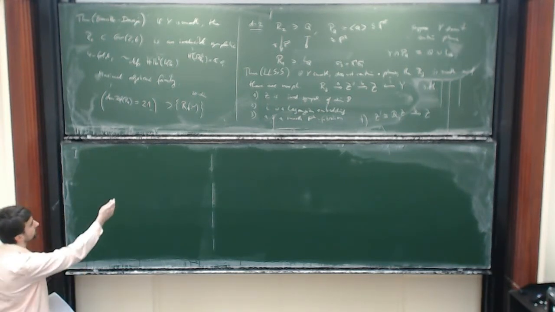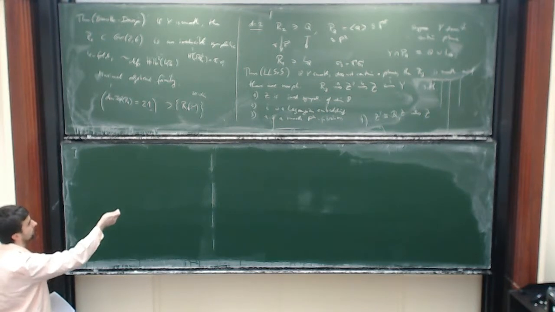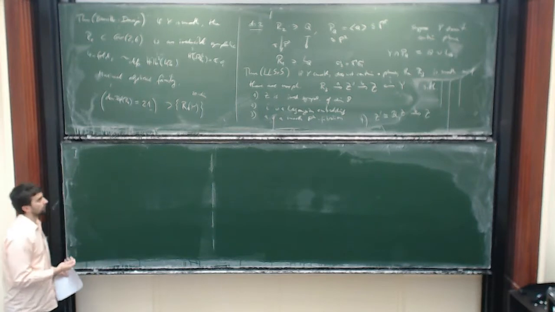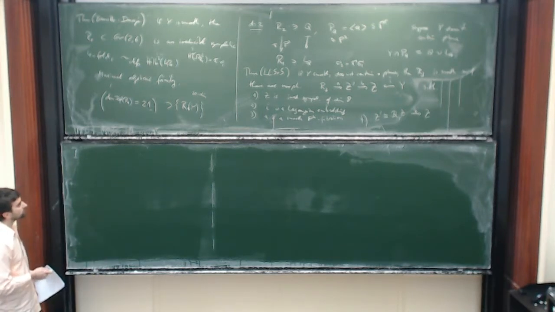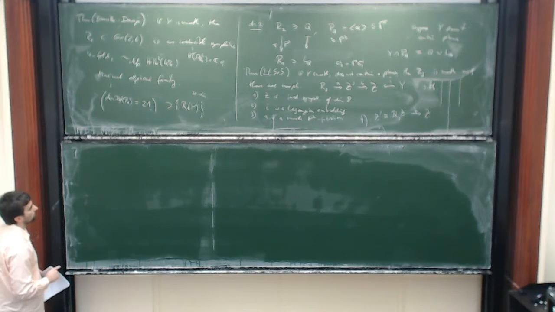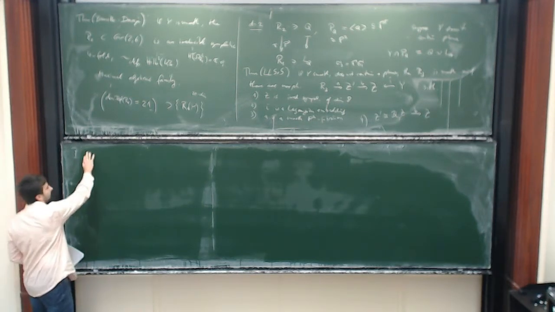So it is quite clear that the two form comes from Z prime, and then it descends further to Z as soon as you know that Z is smooth. So this is quite easy. The interesting question is how to construct the P2 fibration, and I will talk about this in a second.